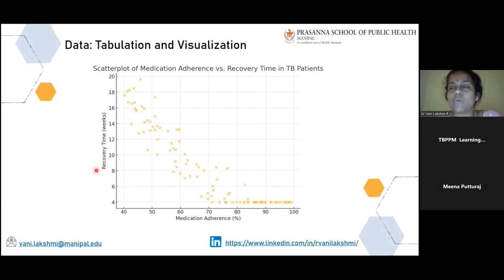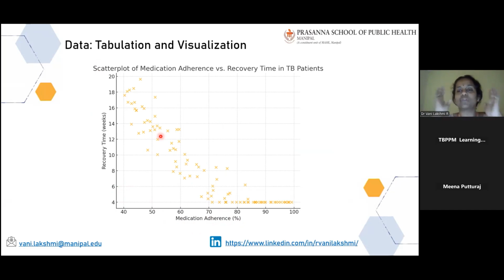What the project staff has done is looked into patient level data and looked at what percentage of the days out of, let's say, the 8-week treatment you were taking the treatment properly and how much time you took to recover. That is what you are seeing in this graph.